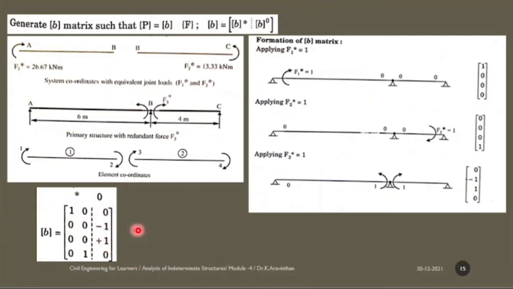Now your beta matrix has arrived. So this is a very important step. If you know how to find the beta matrix, the remaining steps are just formulas. You have got all the values required to proceed with the formula. Now you can do the multiplication and addition in order to find the answer.